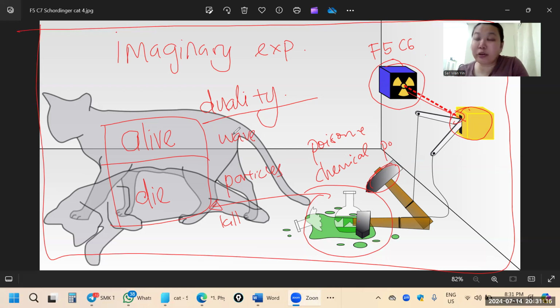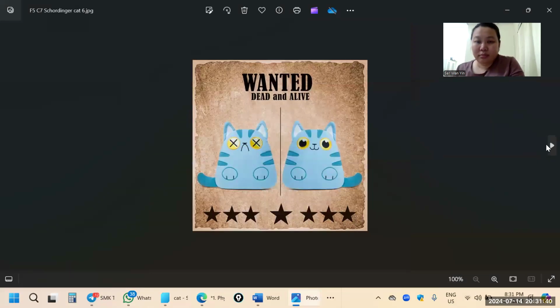The probability before you open is 50-50. But you don't know when it is alive and when it is dead, or when it is a wave and when it is a particle. Only when you open and see, then you know which state it is. Okay, so Schrodinger's cat: dead or alive, to be or not to be.